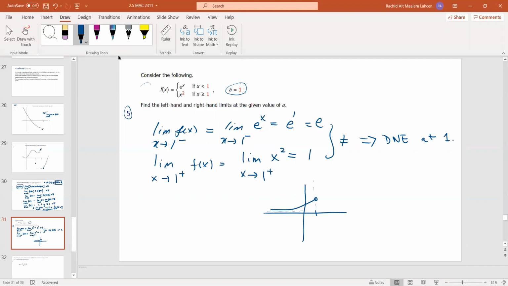Then not solid there for 1. Then x squared, you graph it on this side, right? So it's going to be x squared, whatever you plug in the values. So y equals x squared and y equals e to the x, and you see that the limit does not exist.